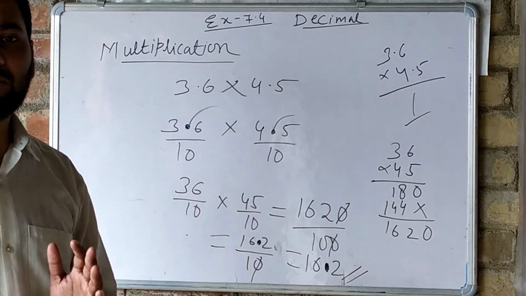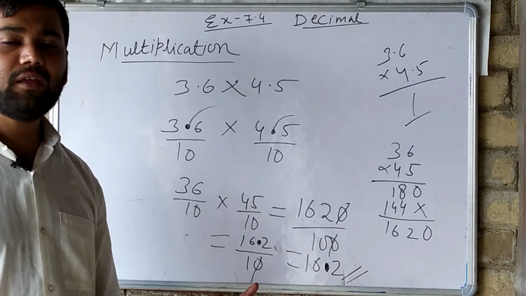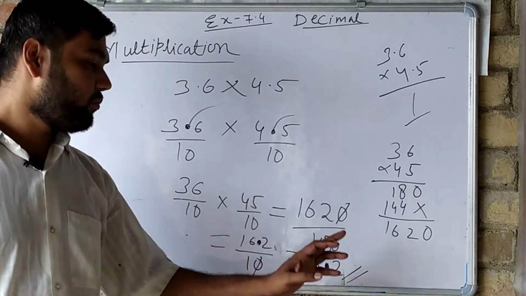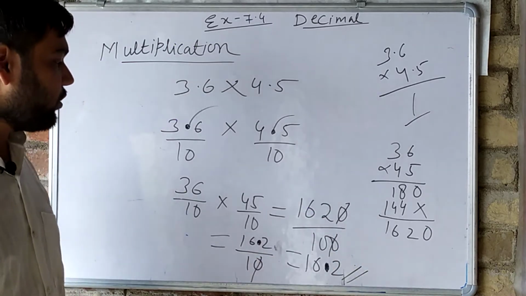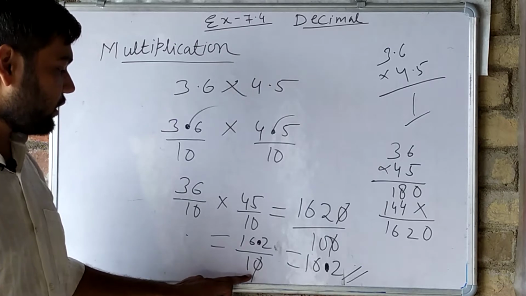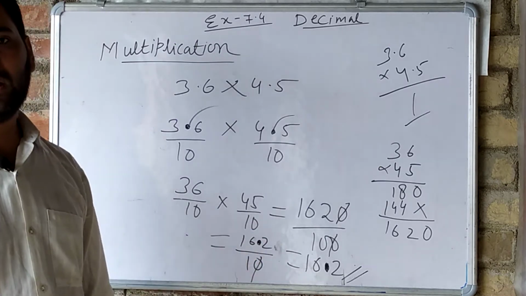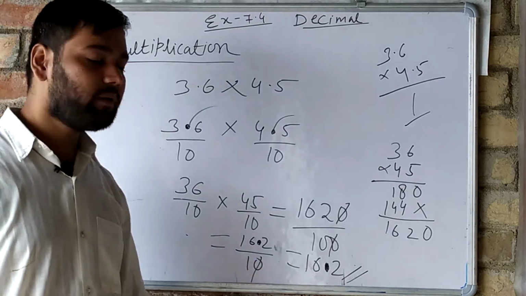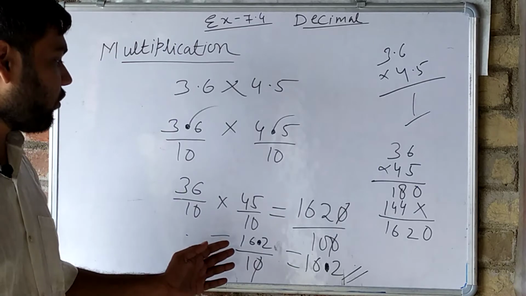Let it be in terms of 10 only in the denominator. We will directly multiply, and in the denominator we will have 100. One 0 is removed by one 0, and another 0 is removed, and the decimal comes in the numerator and the answer will be 16.2. Okay. So in this way, what we have to do?